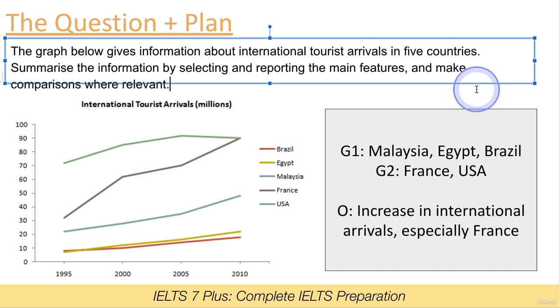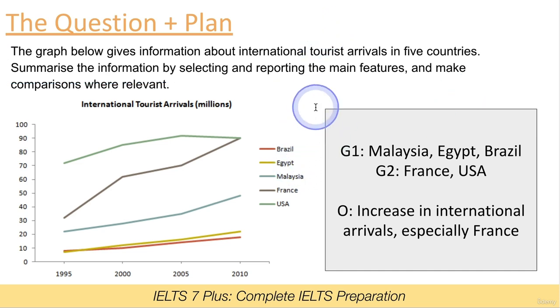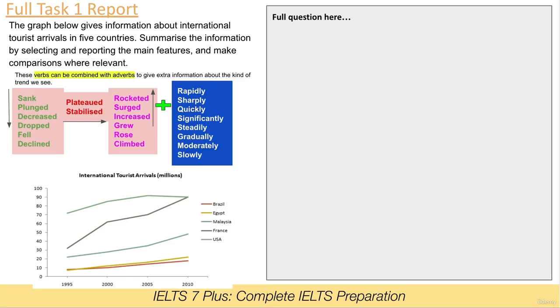Okay, so we've understood the question, we've thought about groups, we've thought about our overall statement, our summary, if you like, generally speaking. So now let's dive in to the questions.